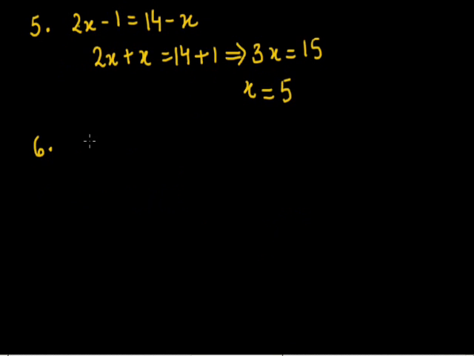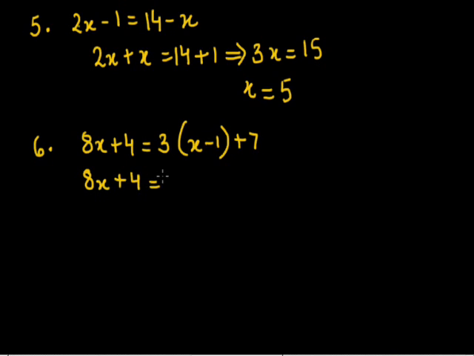Sixth question. The sixth question is 8x plus 4 is equal to 3 times (x minus 1) plus 7. Now first of all, what I will do, I will multiply 3 to the x minus 1. That is, first of all, I will solve the bracket. 8x plus 4 is equal to 3x minus 3 plus 7.